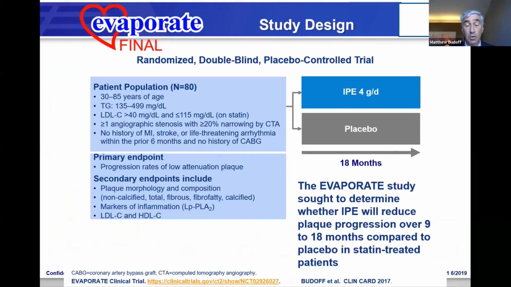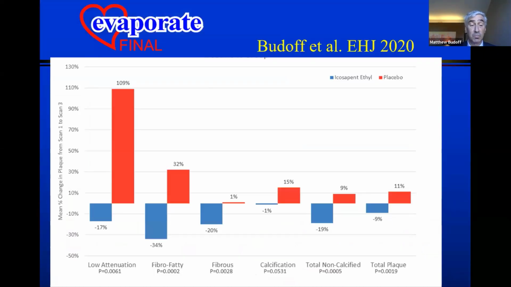More recently, at the European Society of Cardiology, we presented the EVAPORATE trial. This is another prospective double-blind placebo-controlled randomized trial looking at serial CT angiography using QAngio-CT, randomizing patients to icosapent ethyl, or EPA, or placebo, and following them over 18 months.